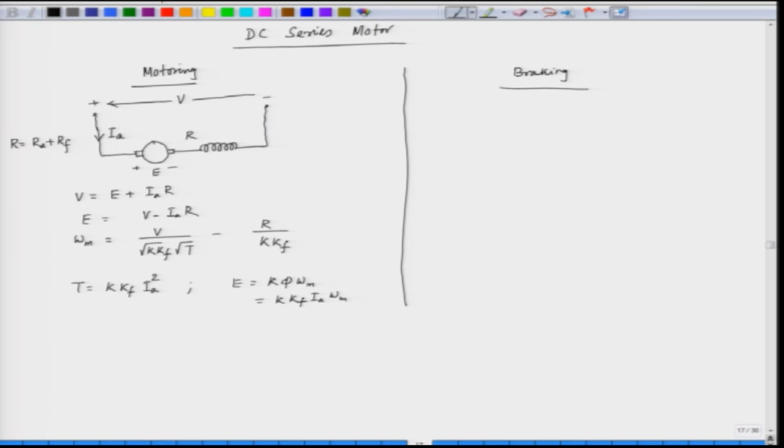Similarly, we can go for the braking. In case of the braking, what we do is that we change the connection of the armature with respect to the field winding.